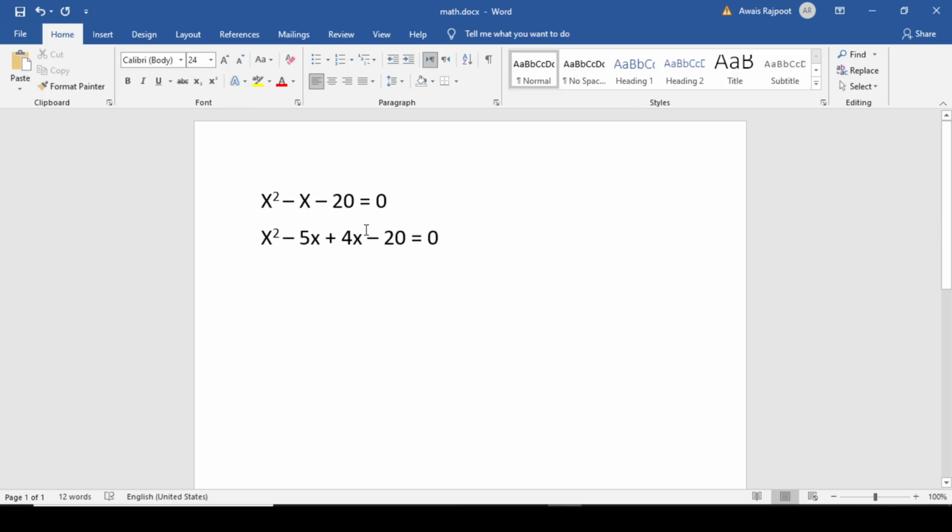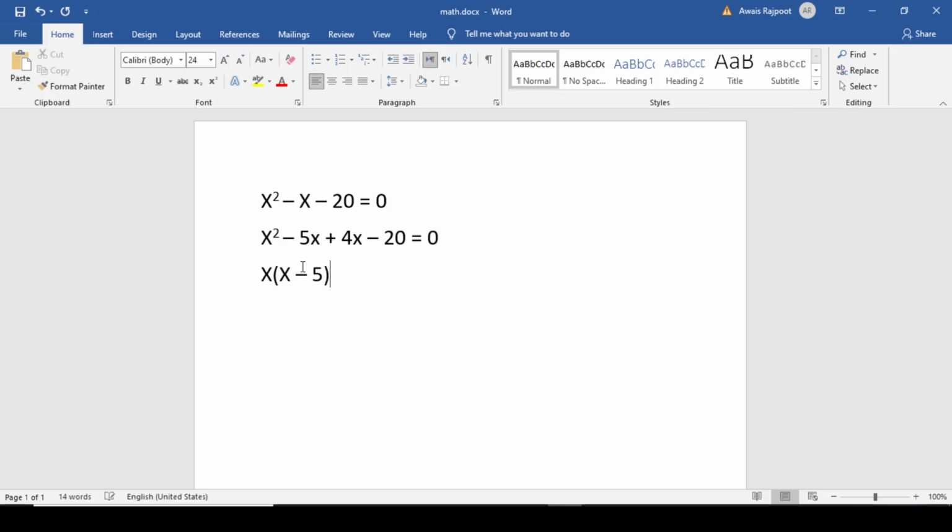So we convert this into two parts. Factorize: take x common, so x, one power is lost, so x minus 5, and close the bracket.